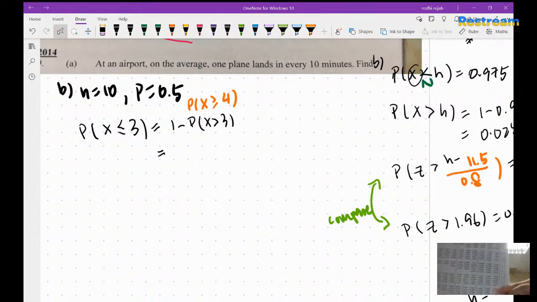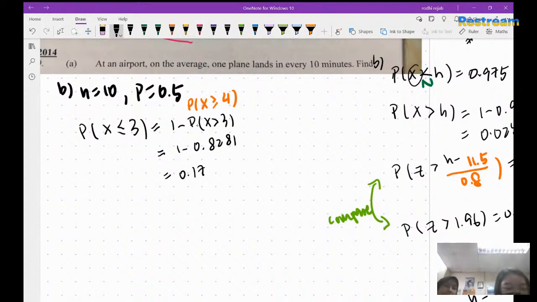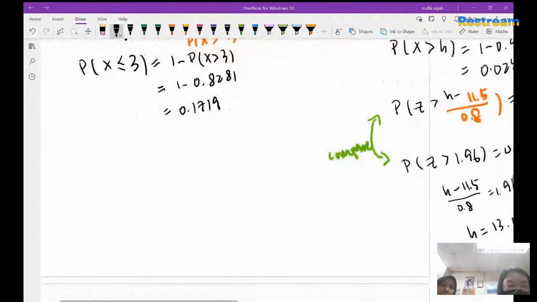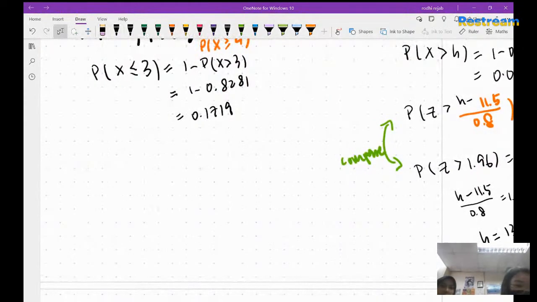Nampak tak? Boleh ya? Okay lah, tak apalah, korang cari sendiri ya. Okay, so kami akan dapat 1 minus 0.8281. Okay, so calculate and kami akan dapat 0.1719. Okay, so next C.